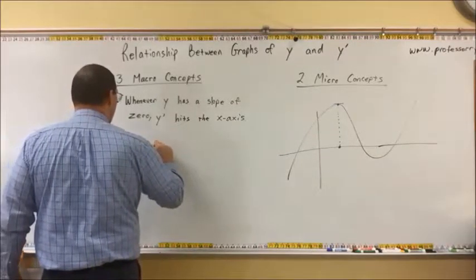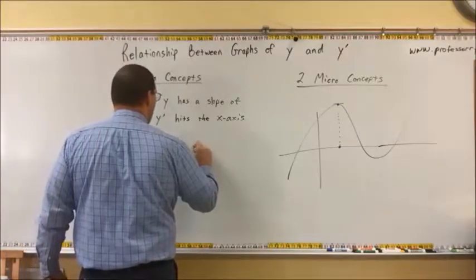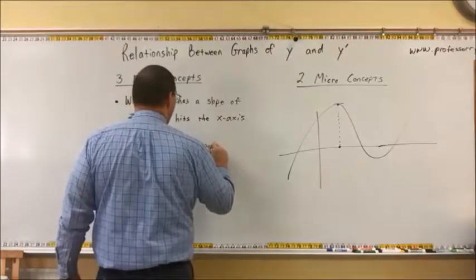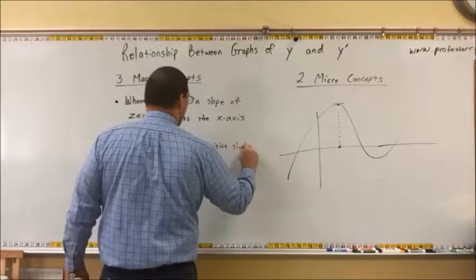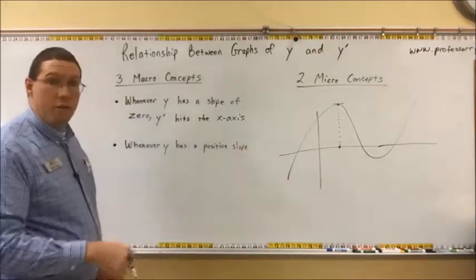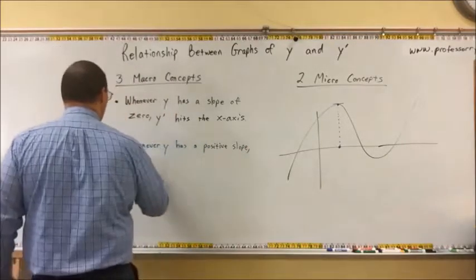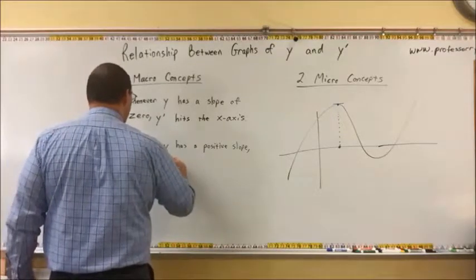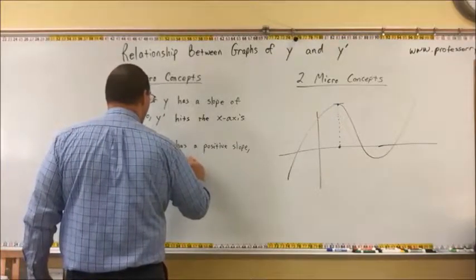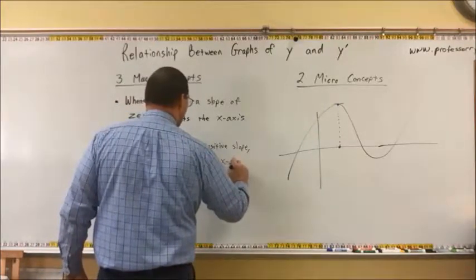The second macro concept is whenever y has a positive slope, which means that y is increasing, y prime will be above the x-axis.